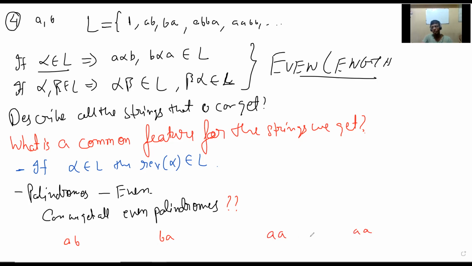It could be like this also, with something in the middle which is also a palindrome. Think. You can get two consecutive. The answer here is yes. You can try to make the small ones. Try to give an argument that you can get all even palindromes.